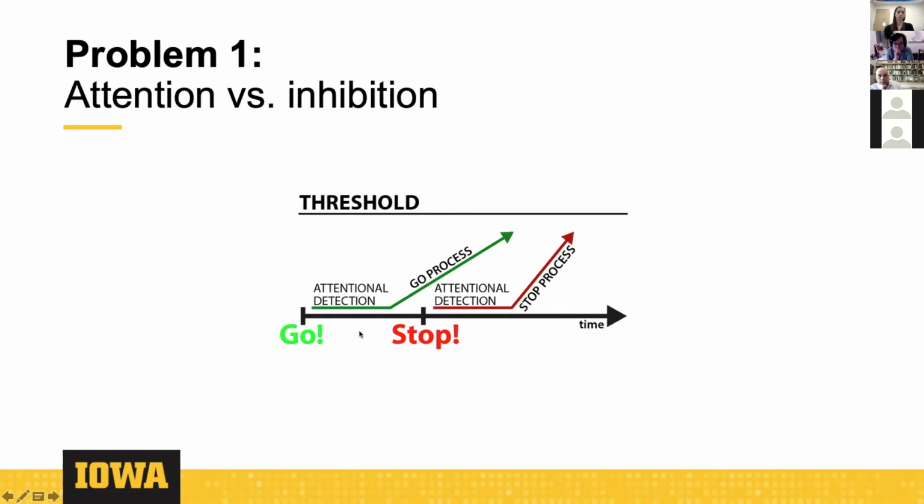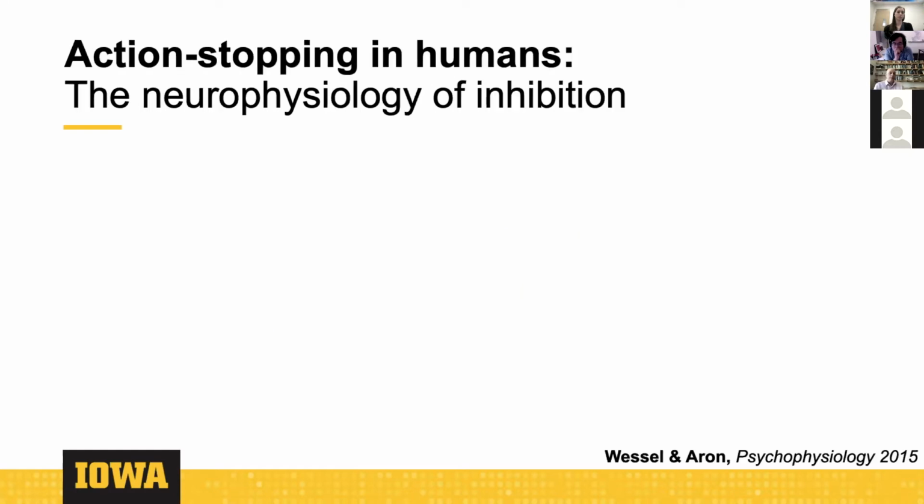The go and the stop process occur very closely together in time, and even more so, attentional detection and inhibitory control, as part of the joint stop process, are very closely entangled in time as well, and occur sequentially one after another. So what we probably want to use to answer this question is a method that has the time resolution and the potential to disentangle these processes. And that brings me to neurophysiology and some of our work.